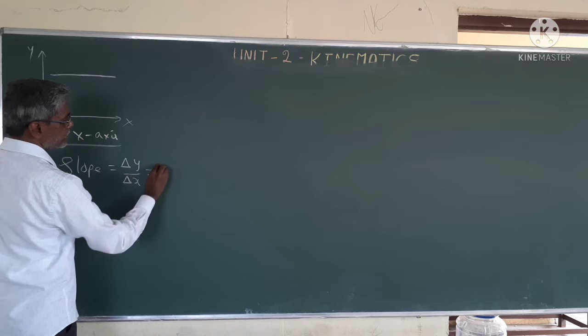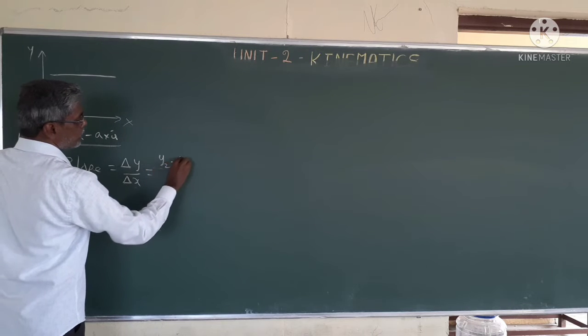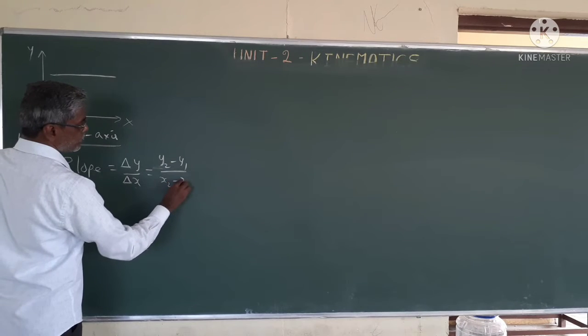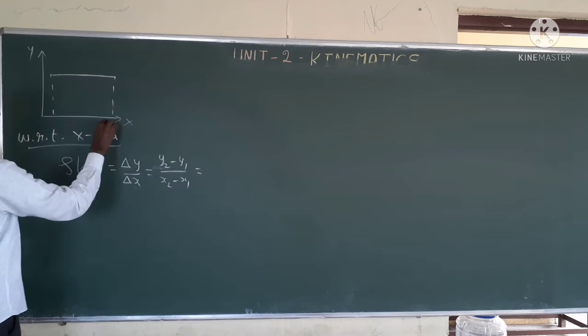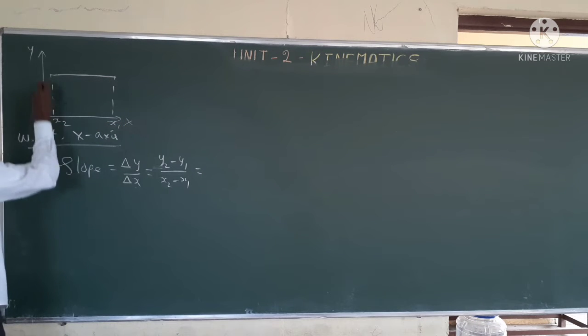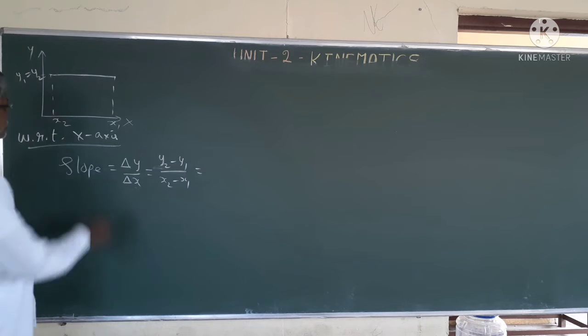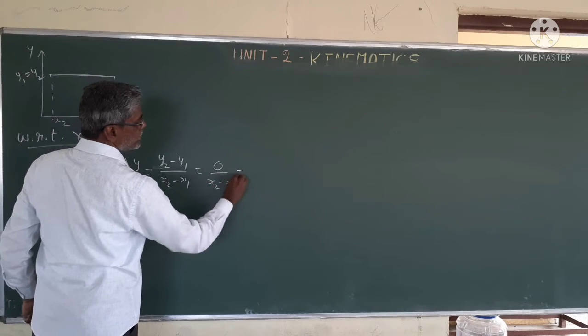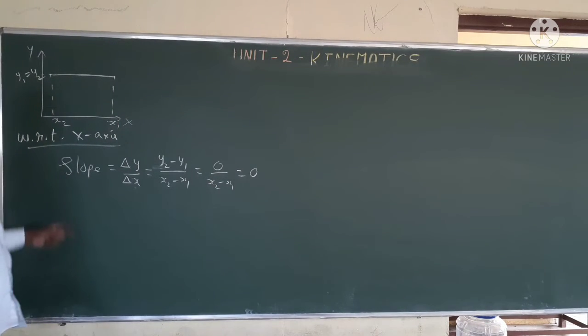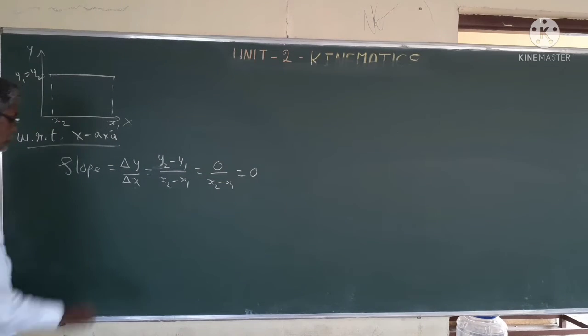This is y2 minus y1 by x2 minus x1. Here x1 is there, x2 is here, but y is constant, so the change in y is 0. So 0 by anything will give 0. So with respect to the x-axis, the slope will be equal to 0.